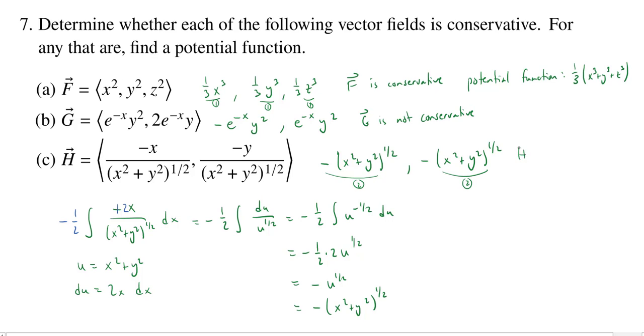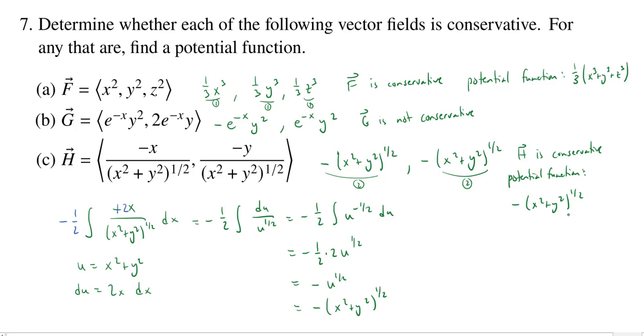And so we conclude that h is conservative. And the potential function, well, remember, you have to add together all the distinct antiderivatives you get. Well, these aren't distinct. These are the same. It's appearing twice. So this is actually the correct potential function.